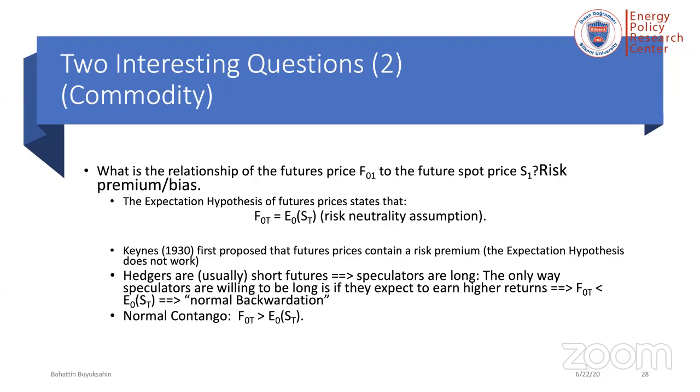What is the relationship of future prices to the future spot price or the expected spot price? Of course, this is a very important question. The important feature of future prices is that they contain information about expected future spot price. In aggregation, any systematic deviation of future price from expected future spot price can be arbitraged by risk-neutral speculators.